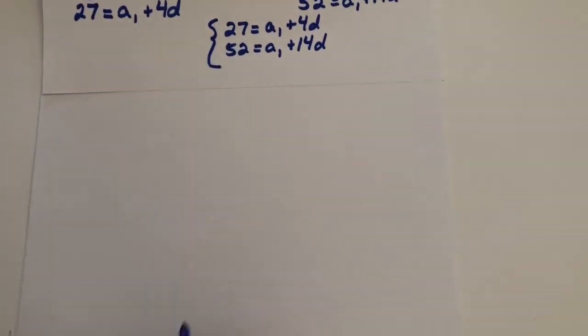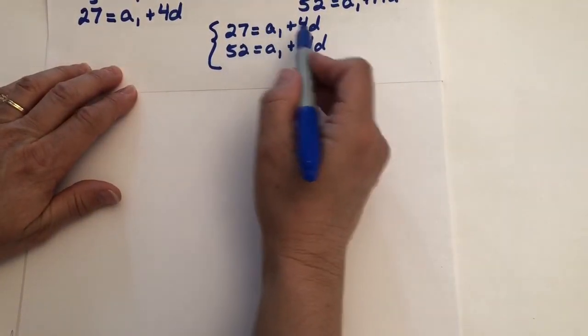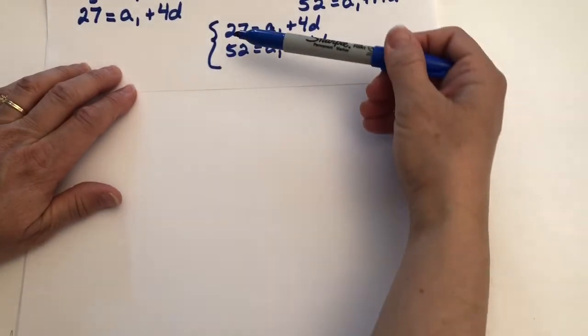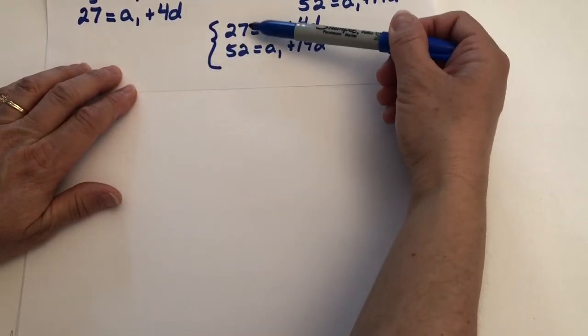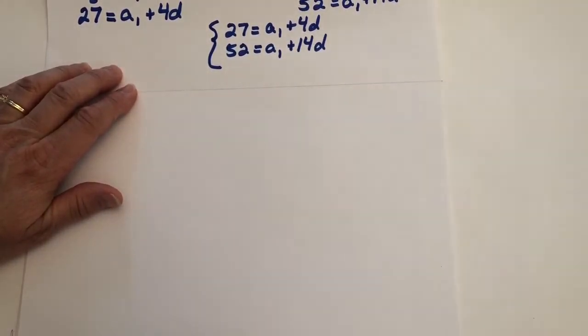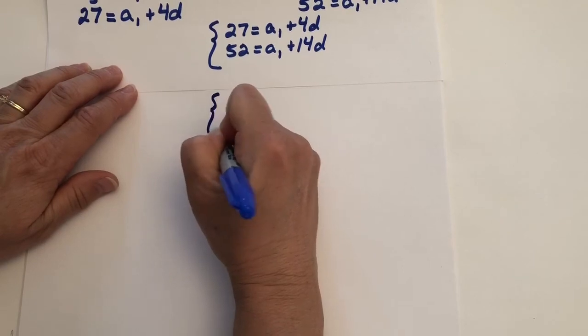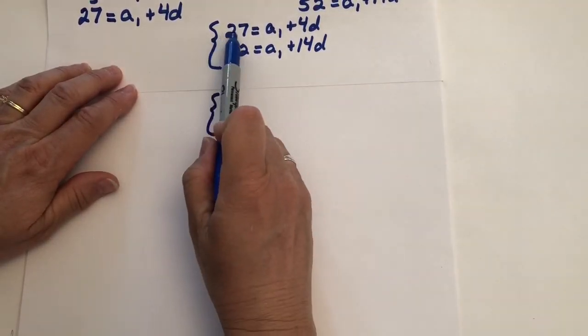Now you could multiply this equation by -1 and add to eliminate. That's what I'll do. But let me also point out, it is totally valid to just subtract the two equations. If you're comfortable doing that, go ahead. But let me continue doing what I suggested. Multiply by -1.